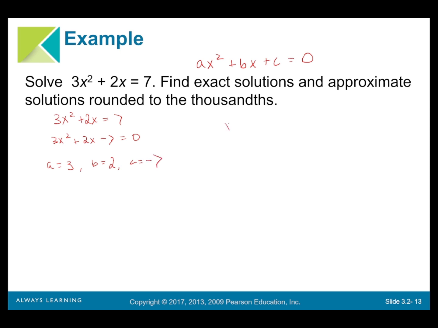All right, so the quadratic formula is x equals -b plus or minus square root b squared minus 4ac all over 2a. That's our formula. Let's plug in all our values.